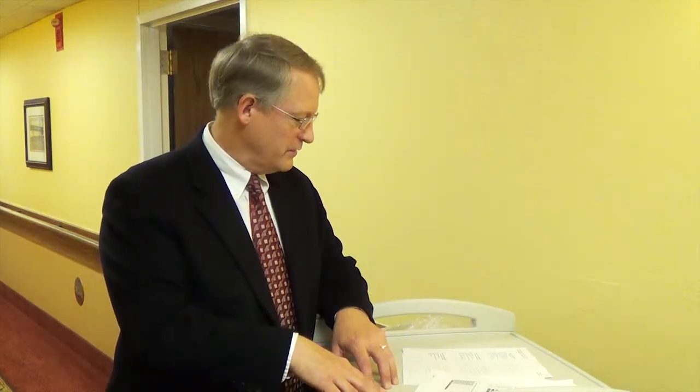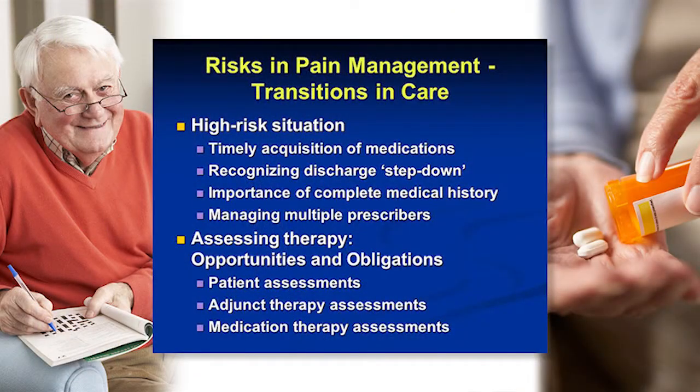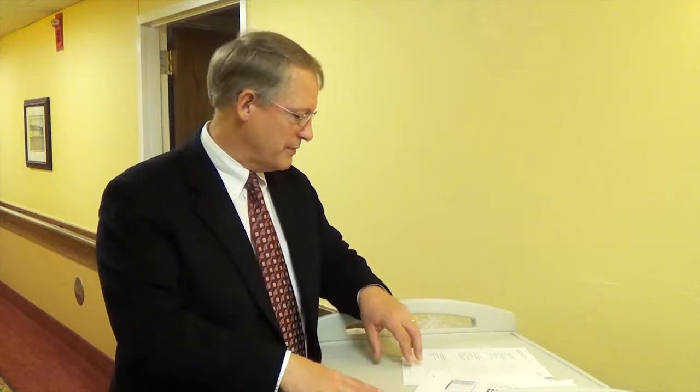It's an opportunity for us to optimize the therapy that is out there. We can assess the patient and the level of care they need, the level of pain they have, and the adjuncts that are being used or not being used appropriately at that time. And then finally we can do a thorough medication therapy assessment, which hopefully you can do with your pharmacist team, both the provider pharmacy and your consultant pharmacist, and your prescribers, to make sure that we can get rid of any unnecessary medications that we may be using.